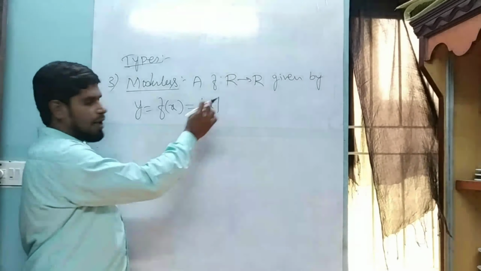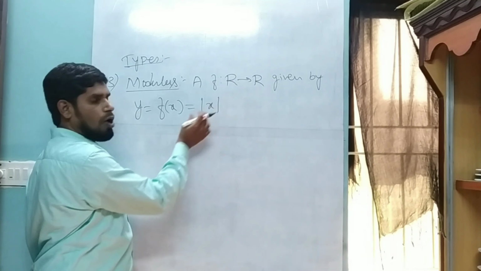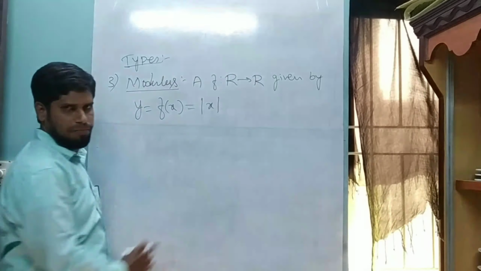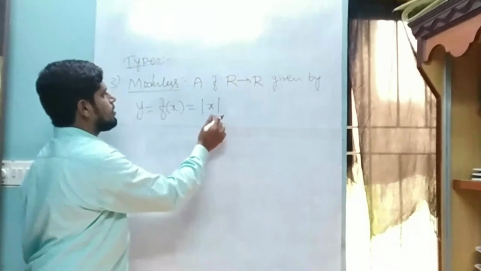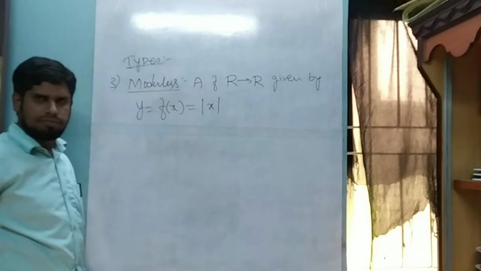Any variable or number we write between two straight lines is called mod, or modulus in full form.